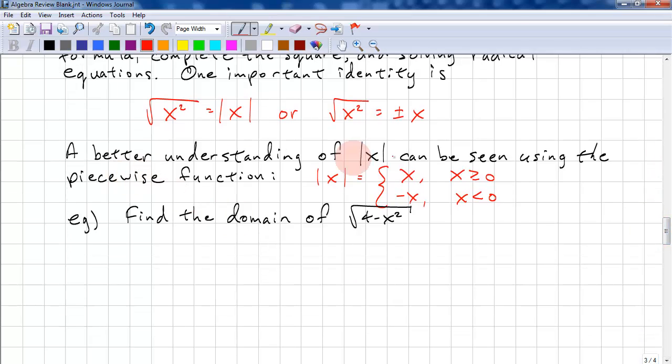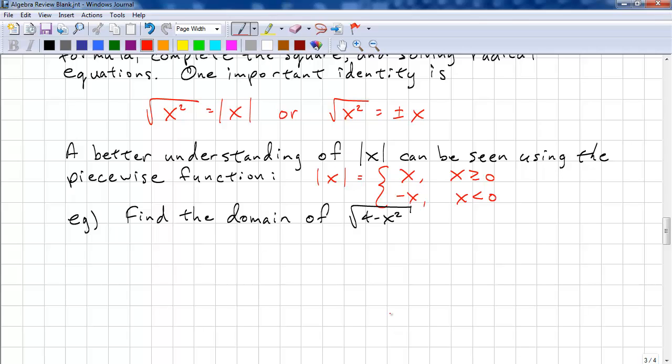A better understanding of the absolute value of x can be seen by using the piecewise function. The absolute value of x is equal to x if x is greater than or equal to 0. And it's equal to negative x if x is less than 0. You can replace x here with any expression.